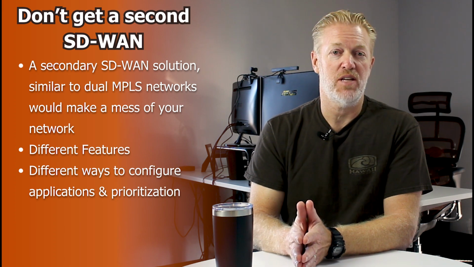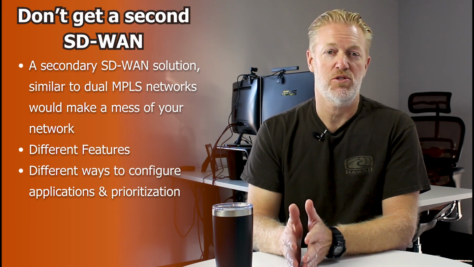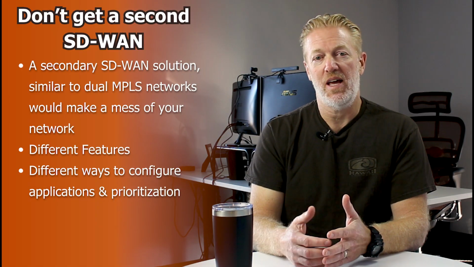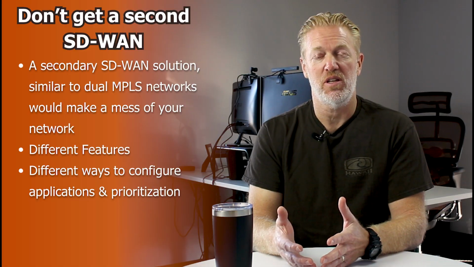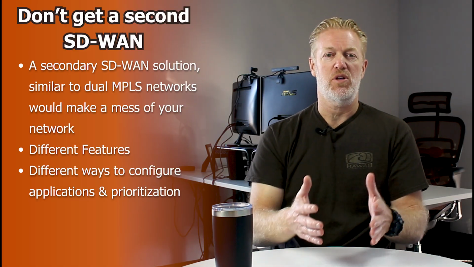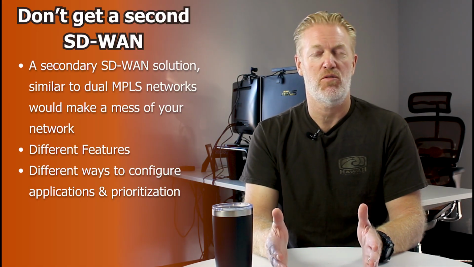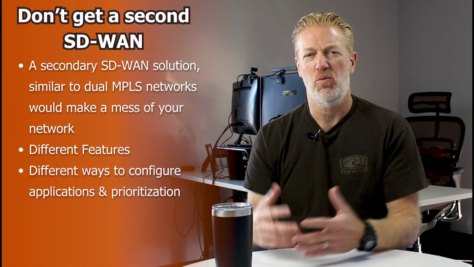Like if that circuit's taking a high amount of packet loss or latency, it can send it on the other circuit. So different SD-WAN applications prioritize and configure the way you can prioritize apps differently. So it wouldn't make sense for you to be prioritizing and doing everything one way, and then all of a sudden you have to fail over to this other solution that prioritizes completely differently, and it really becomes a mess of your network.